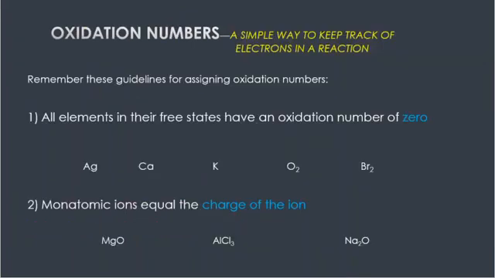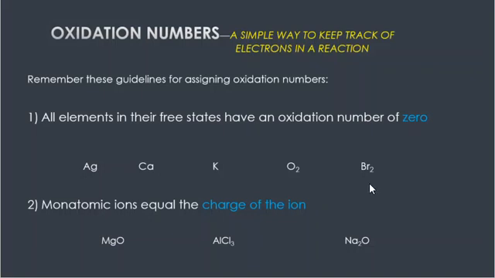Now we're going to move on to review the guidelines surrounding how to assign oxidation numbers to elements. Remember, oxidation numbers are a simple way to keep track of electrons in a reaction. So the first guideline we're going to look at is that all elements in their free states have an oxidation number of 0.